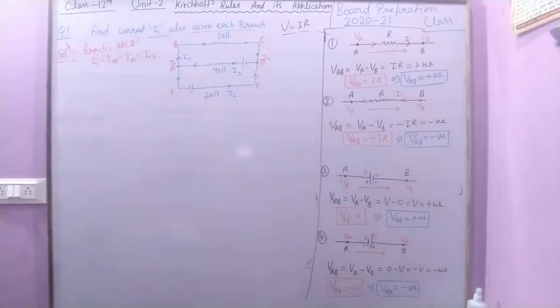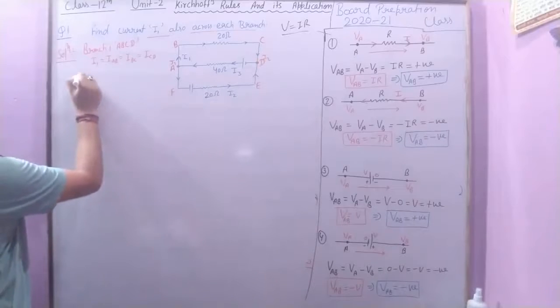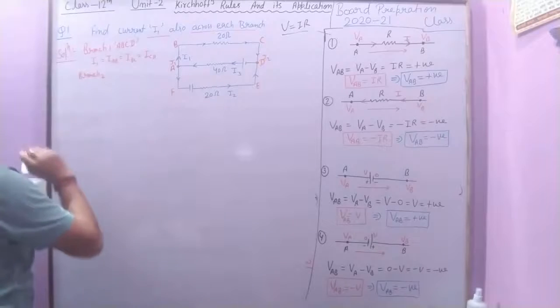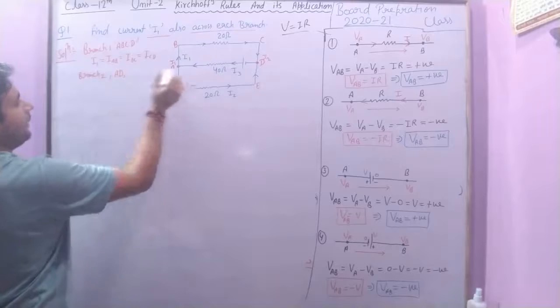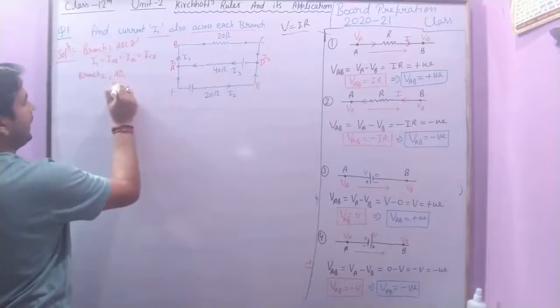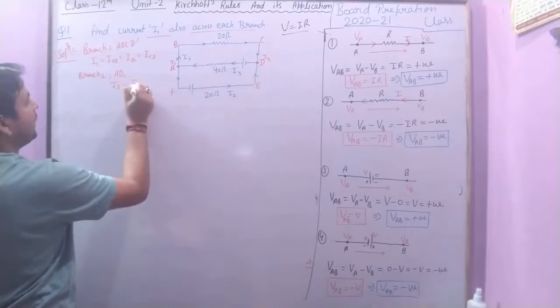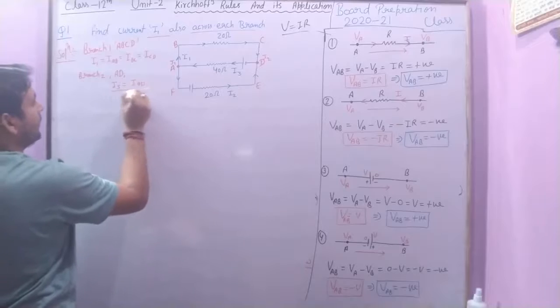Clear? And the second branch, branch 2 is AD, and AD has current I3 which is equal to IAD.